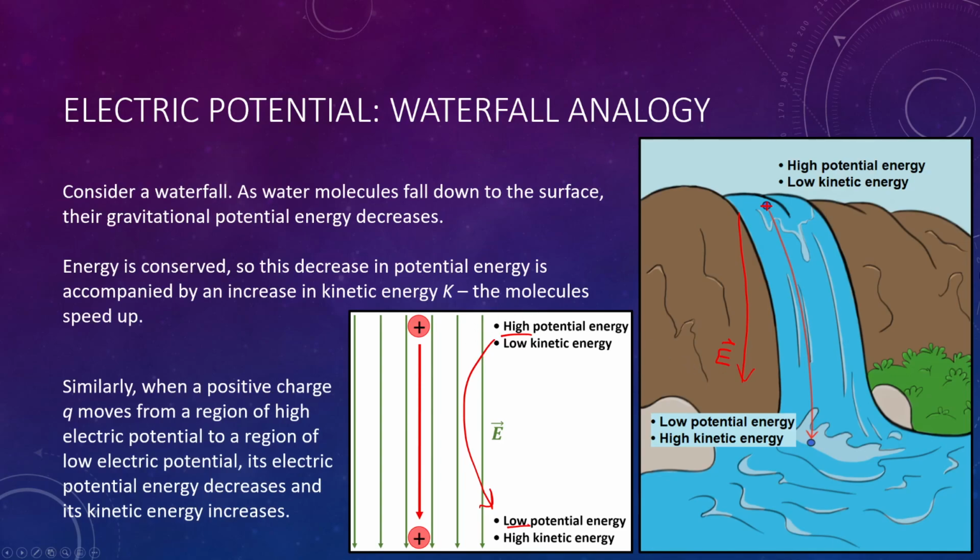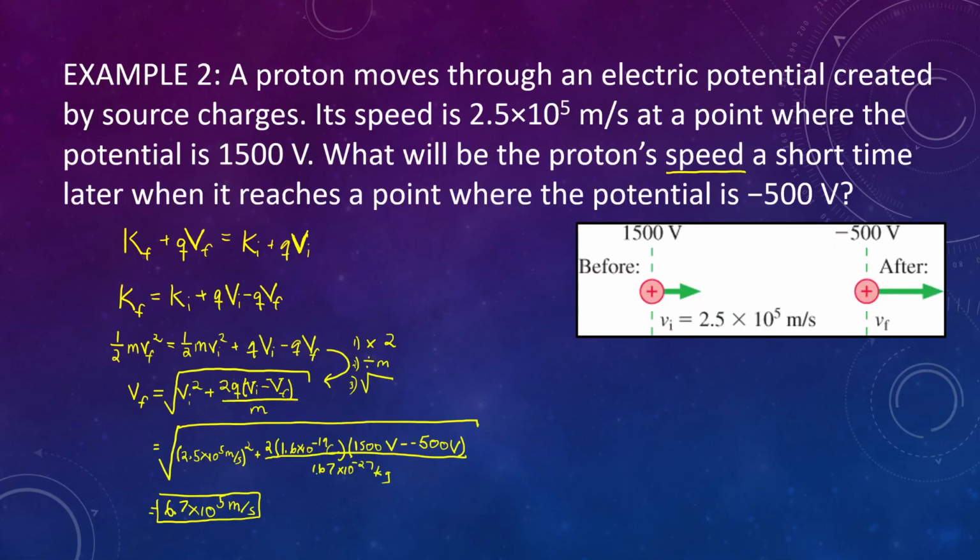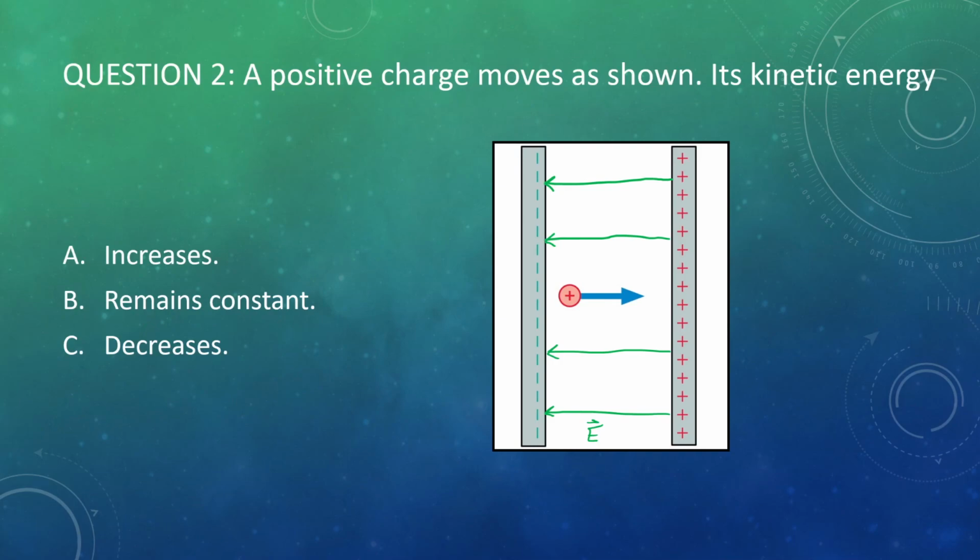So what we're basically seeing is a charge moving against our waterfall. So it's moving from an area of low electric potential to an area of high electric potential. It's like a salmon swimming up a waterfall. It's going against the grain here. So we're going from a region of low to high electric potential.